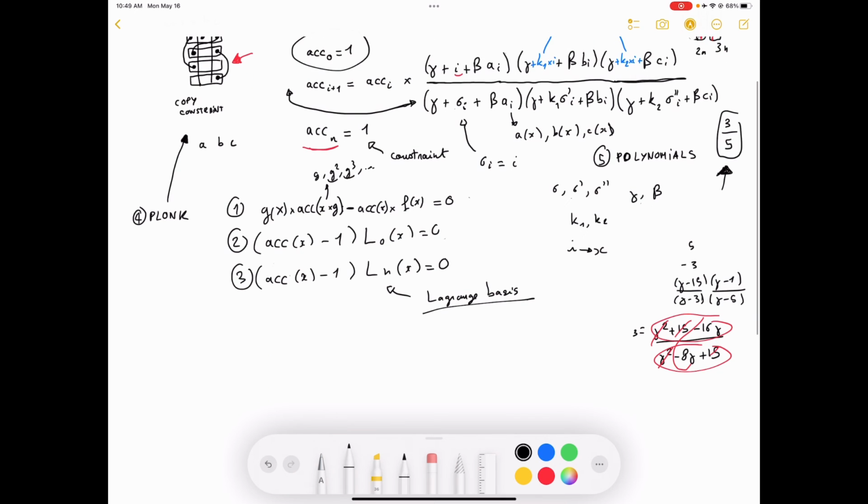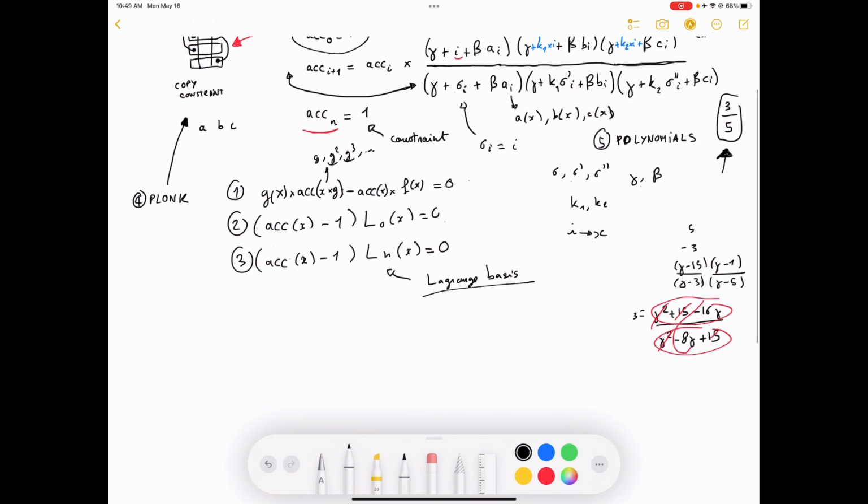I'm not gonna explain it here, but basically you can think of Li of g^i equal 1, for i equals j, and 0 otherwise. That's pretty much the Lagrange basis, and that's very easy to compute.